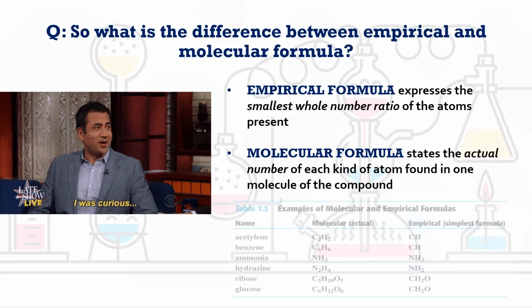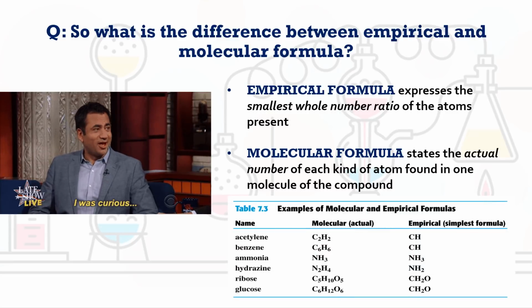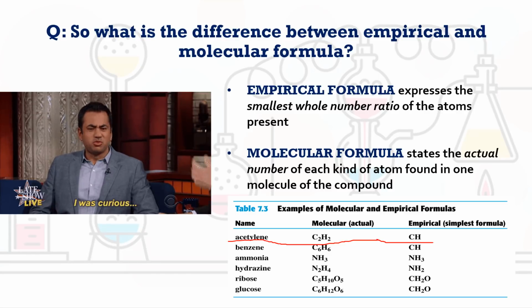Let's take a look at this table. For example, acetylene. The molecular formula for acetylene is C2H2. To find the empirical formula of acetylene, we just have to simplify the molecular formula, because the molecular formula shows the actual number of each atom, while the empirical formula is the simplest formula.